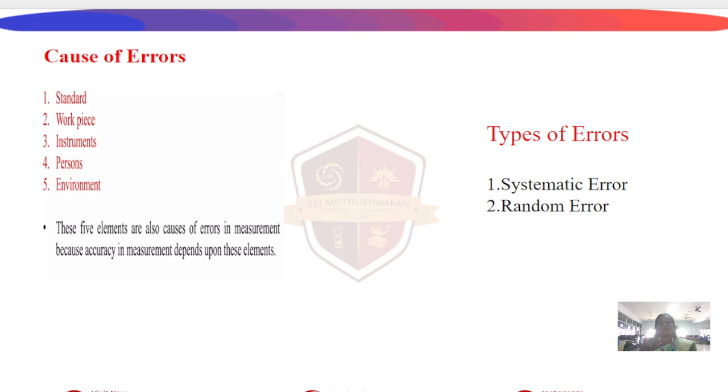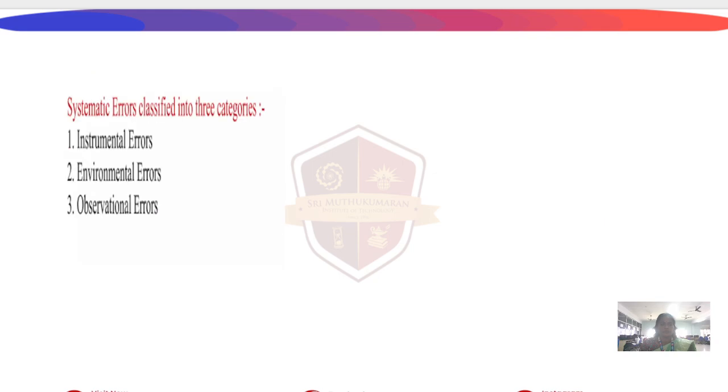So in this lecture, we will see the causes of errors, types of errors, and how we reduce errors using statistical methods. Let us first see the causes of errors.